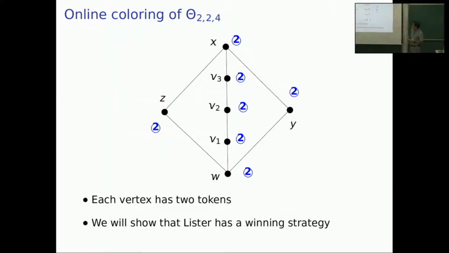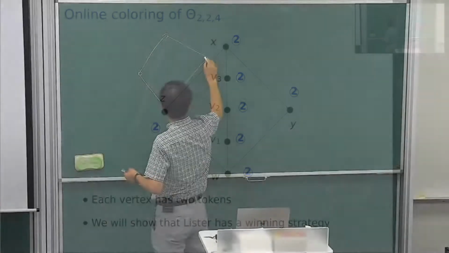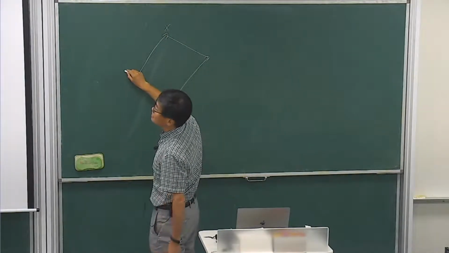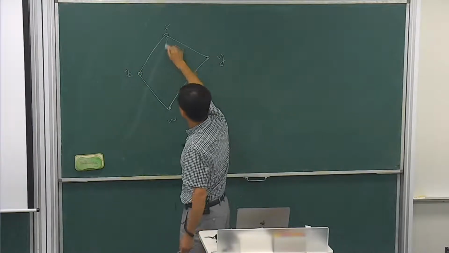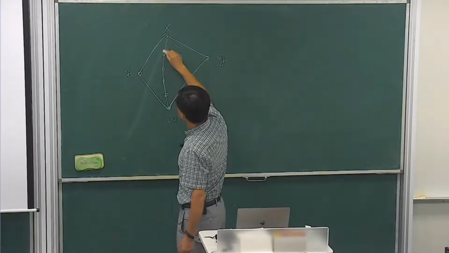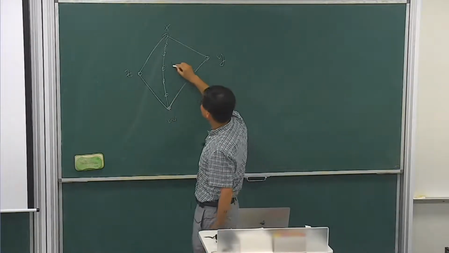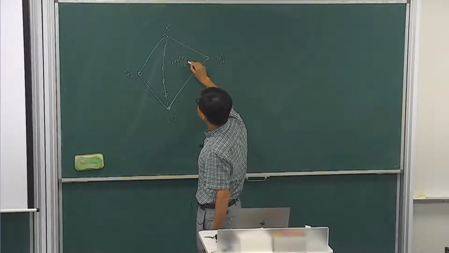Okay, we have this graph. This theta graph means usually, let's call this vertex x. We may have this part, it could be a long path, but its length should be even.